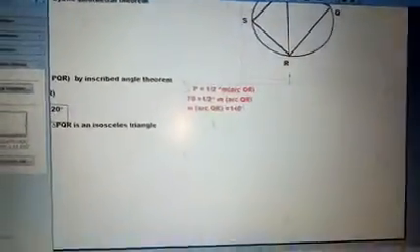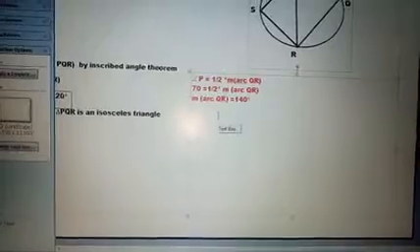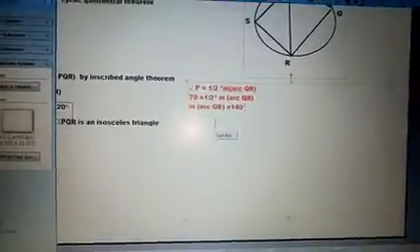Now see, if measuring arc QR is 140 degrees, then it is the answer.